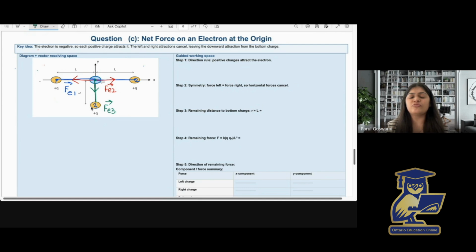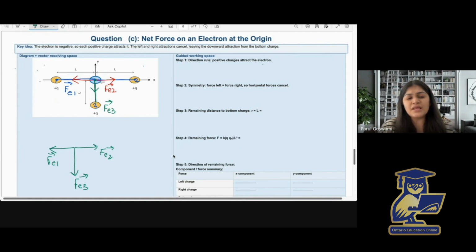So these are the three forces that the electron is going to experience because of the respective charges around it. Now we have these three vectors, Fe1, Fe2 and Fe3, acting on the electron due to the other charges present around it.